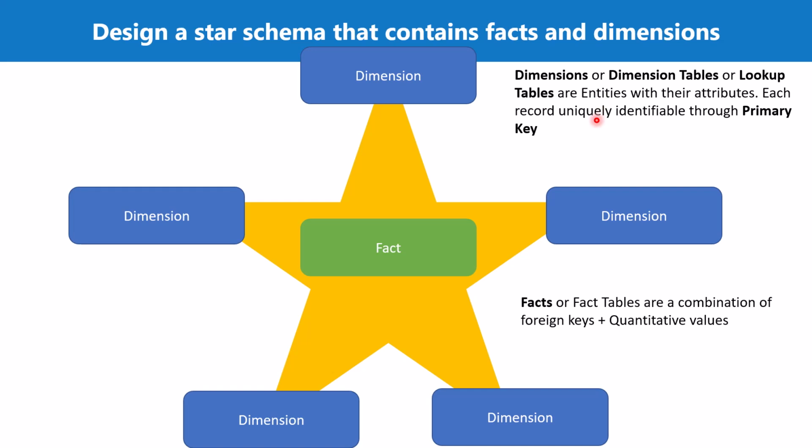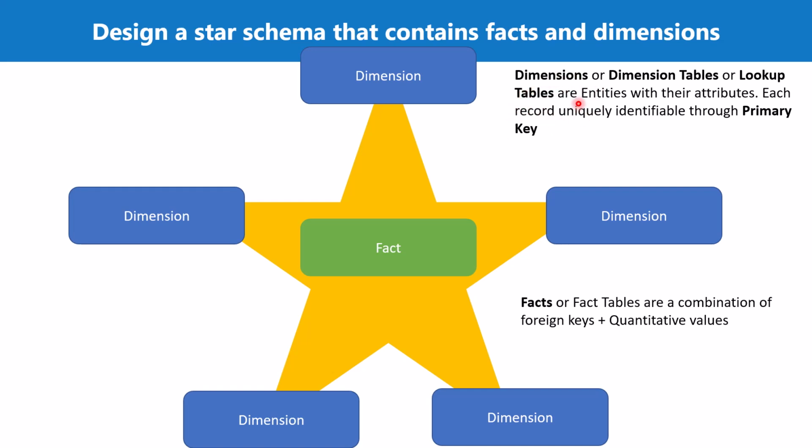So here it is saying that the dimension table actually represents an entity, and this entity has certain attributes. This is nothing but a representation of a table with columns. The entity means that there is a table, and the attribute means that those tables have certain columns. And the other part says that each record or each row is uniquely identifiable through primary key. So this is the basic definition of a dimension.